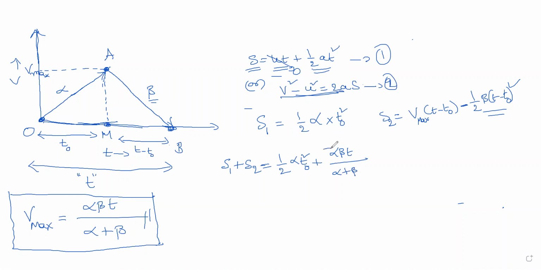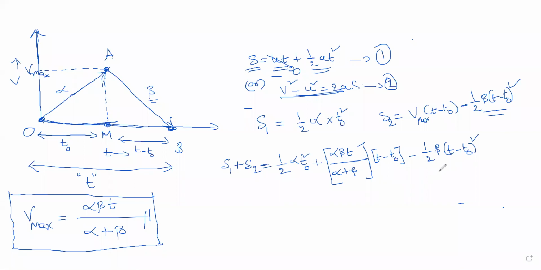The Vmax value we had to substitute into t minus t naught, minus half into beta into t minus t naught whole square.